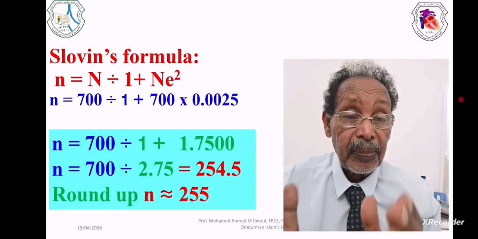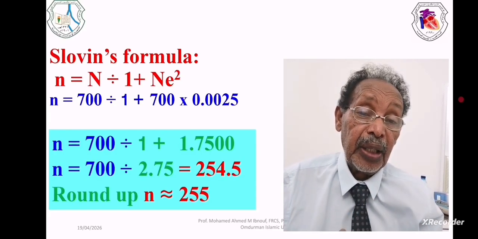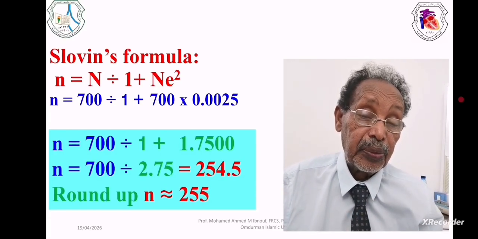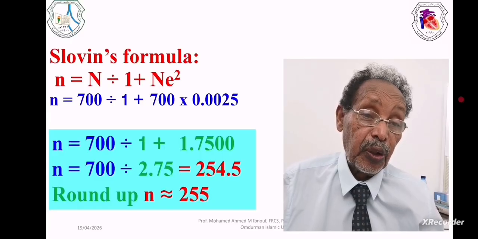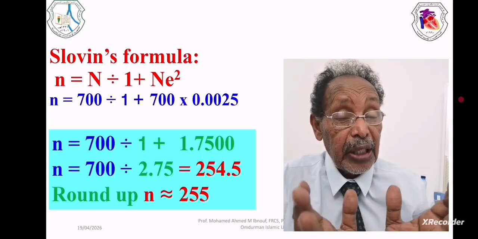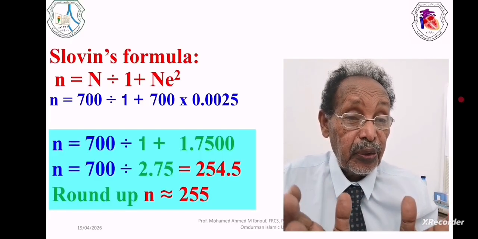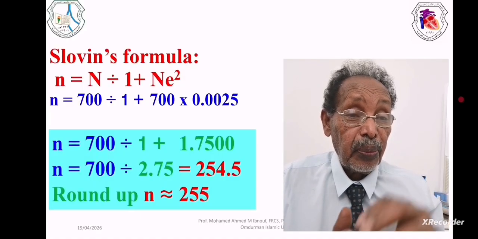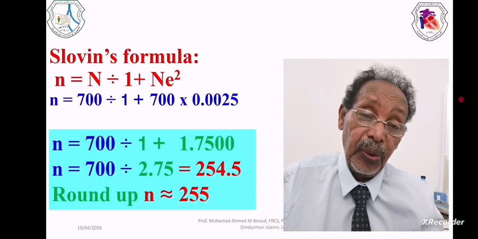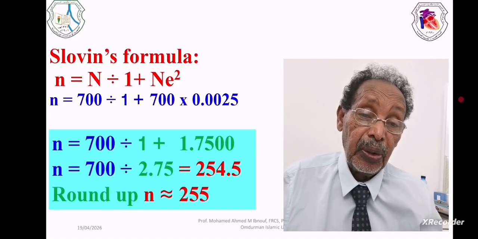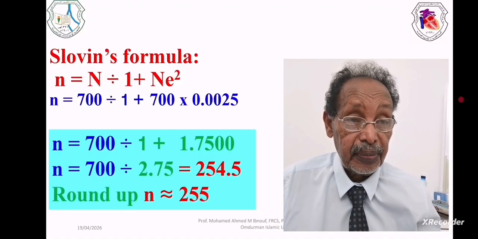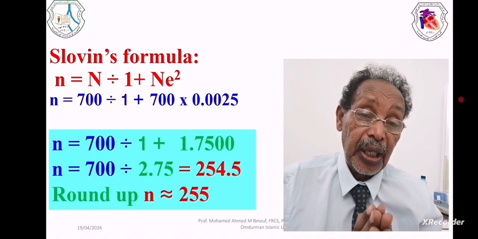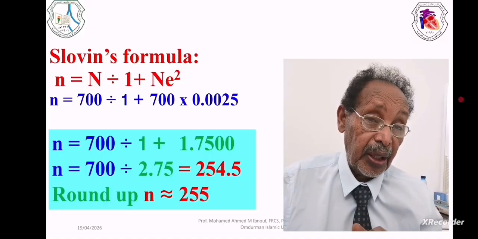If we divide 700 by 2.75, the result will be 254.5. There is no fraction of a patient or fraction of a file. We round it up to a complete figure. So n will be equal to 255. The sample size will be 255.